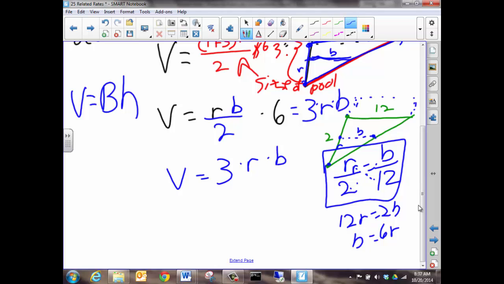I don't think so. So what do we need to do now? We need to take this 6R and come up here and finish off the problem. So put 6R in. See if you can finish off the problem at this point in time. We will have V equals 18R squared. And you should be able to find a solution for R there.